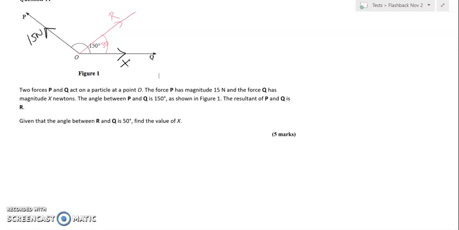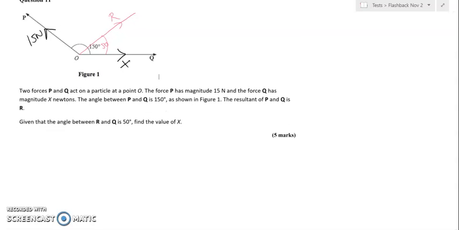So what we can do is look at the horizontal and vertical components of all the three forces that we've got. We've got Q, P, and they net together to give you R. So let's look at P. This angle here is 30 degrees because we know the big angle is 150.